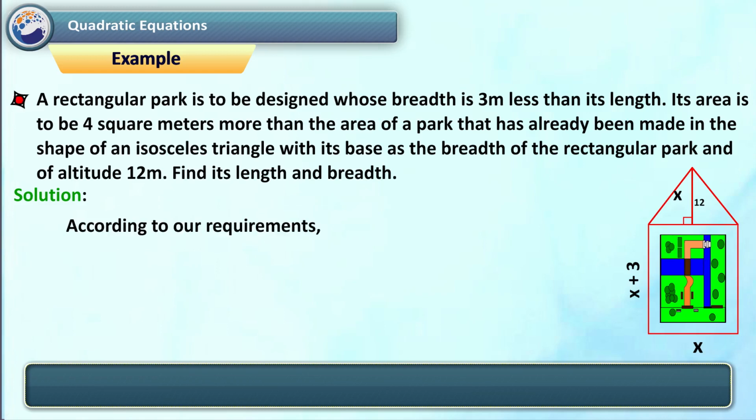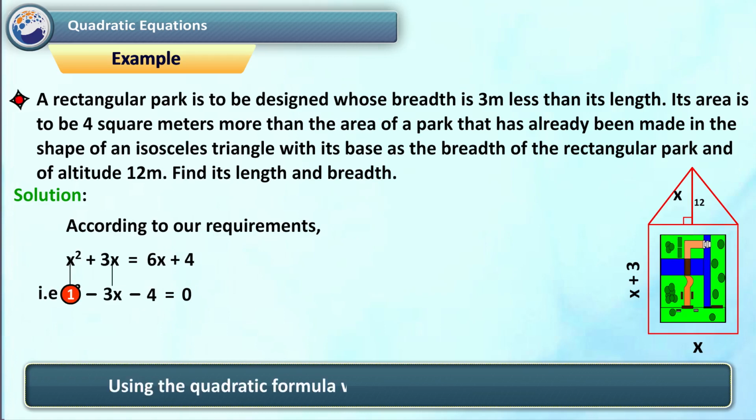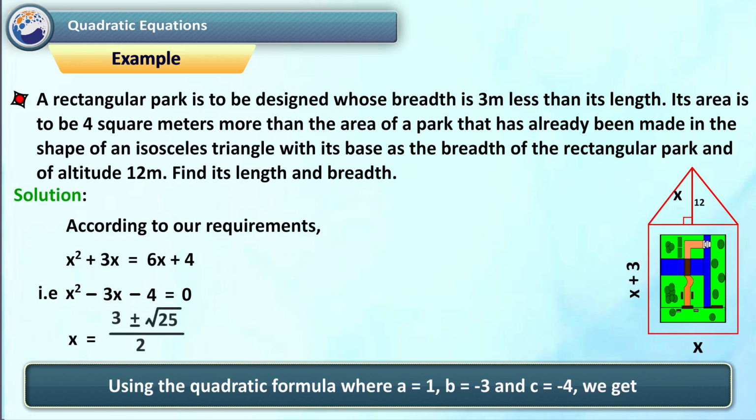According to our requirements, x squared plus 3x is equal to 6x plus 4. That is, x squared minus 3x minus 4 is equal to 0. Using the quadratic formula, where a is equal to 1, b is equal to minus 3, and c is equal to minus 4, we get x is equal to 3 plus or minus root 25 upon 2.